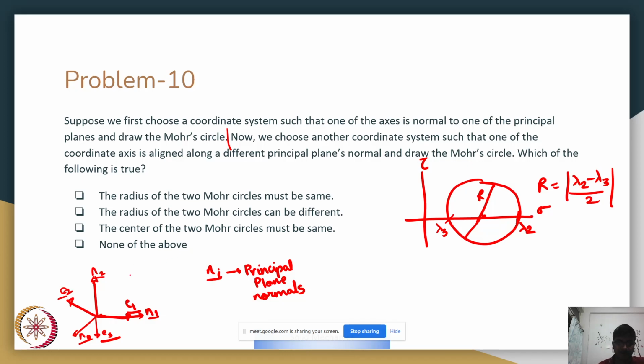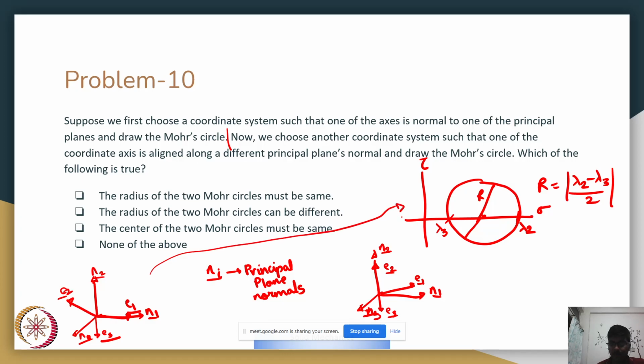So instead of E1 being aligned to N1, we can align E2 along N2 and then move around E1 and E3.